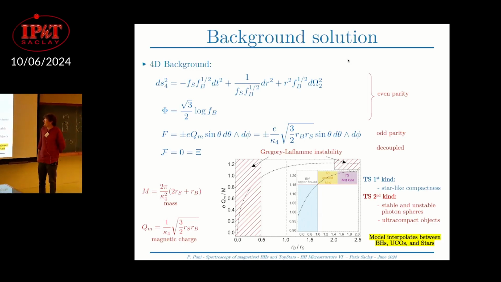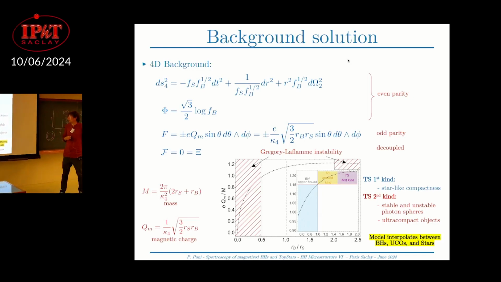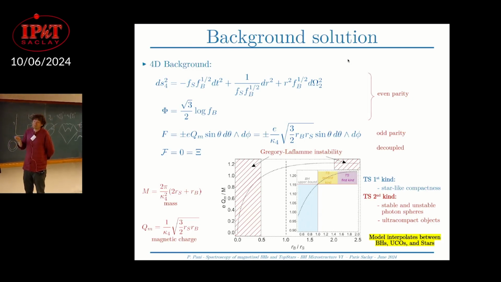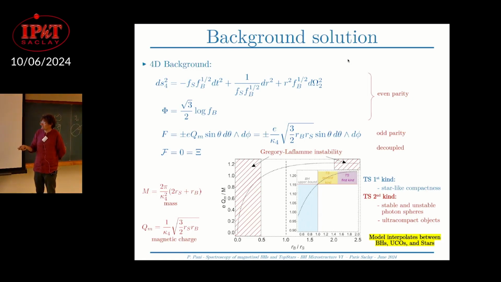There is also a nice duality between black holes and topological stars that I will discuss later that tells you that because of this instability for black holes, there is also an instability in the opposite regime for topological stars, which is here when RB is bigger than twice RS. So for the rest of my talk, I will consider only the region in between, which is in this inset here, when RB divided by RS is between 0.5 and 2.